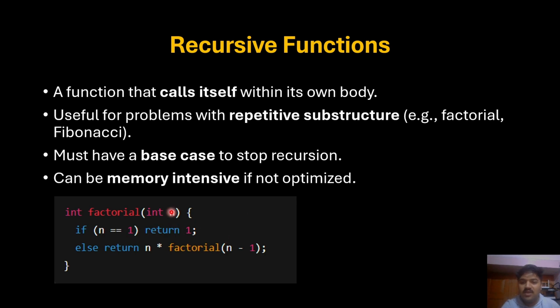If we have 5, then it is not equal to 1, so it will do 5 into factorial of n minus 1. It will call this, then 4, then 5 into 4 into 3 into 2 into 1 like that, and at last when we receive 1, it will return 1, so it will return the factorial at last.